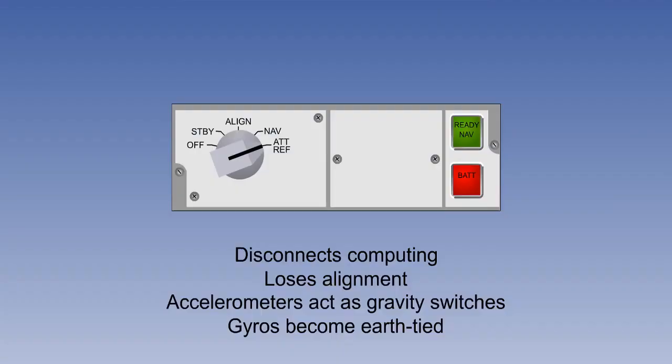This is done by selecting ATREF on the MSU, which disconnects the computing and loses alignment if this has not already happened anyway. The accelerometers now act as gravity switches, as they do during the levelling phase of alignment, and the gyros become gravity tied in the long term. They become Earth gyros.